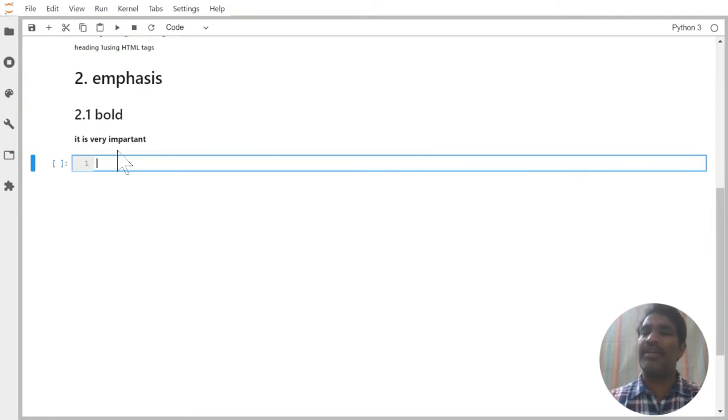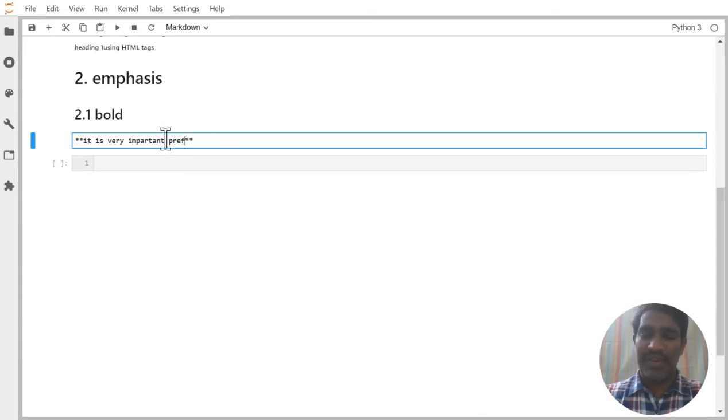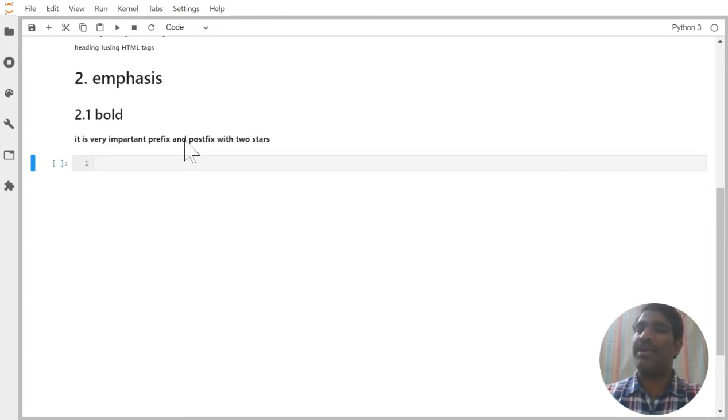What is showing here? It is very important. Now, prefix and postfix with how many stars? With two stars. That's what I am doing. Then automatically it comes as important.